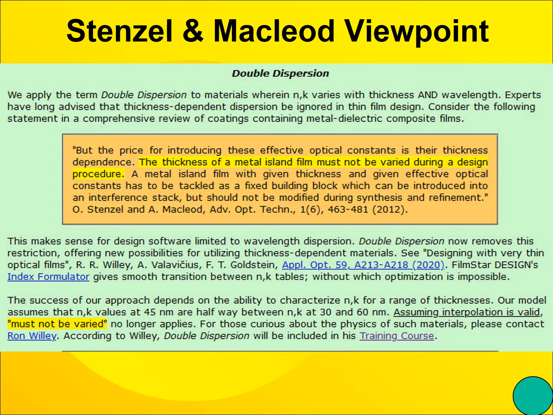Almost a decade ago, Stenzel and Macleod published an interesting work where at that time their basic approach was to characterize films at different thicknesses, but when they're using that in a design, they only use those films of thicknesses which have been characterized. So if they had characterized 10 nanometers thick and 20 nanometers thick and 30 nanometers thick, they would only design with those thicknesses and vary the other layers that were not that material.